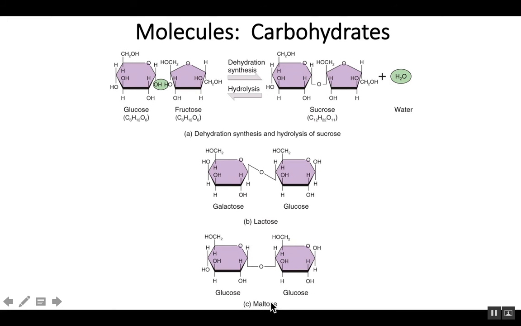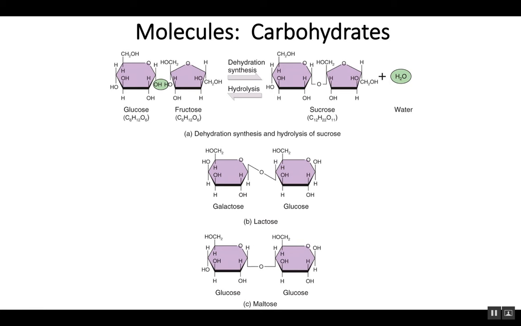So now we know the 3 primary monosaccharides, glucose, fructose, and galactose. And now we know the 3 primary disaccharides, sucrose, lactose, and maltose. Collectively, monosaccharides and disaccharides are often referred to as simple sugars.